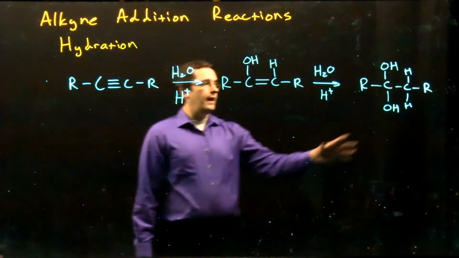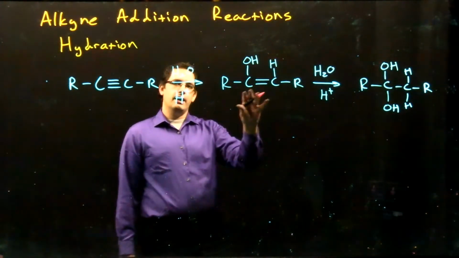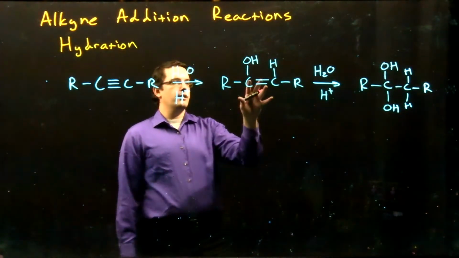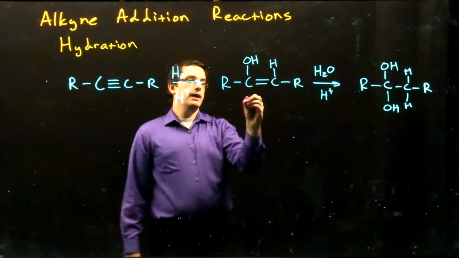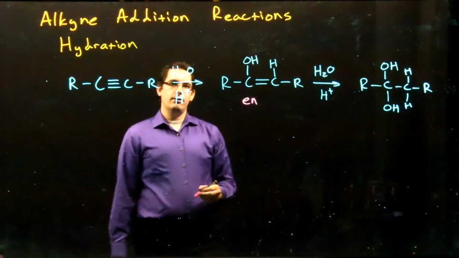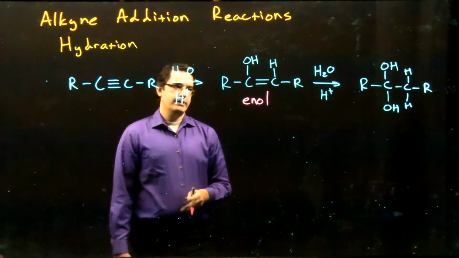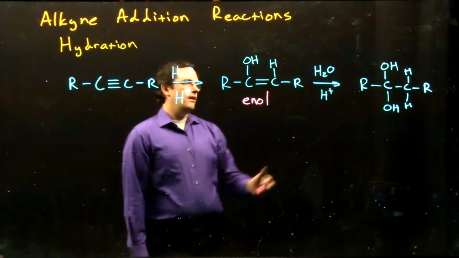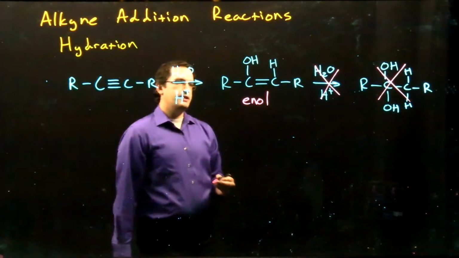However, before we get to that potential diol product, we actually have something interesting that happens here with our intermediate. So we call this an enol. Ene, of course, referring to our alkene double bond, and the ol referring to our alcohol. So we're not going to follow the normal path to our diol.